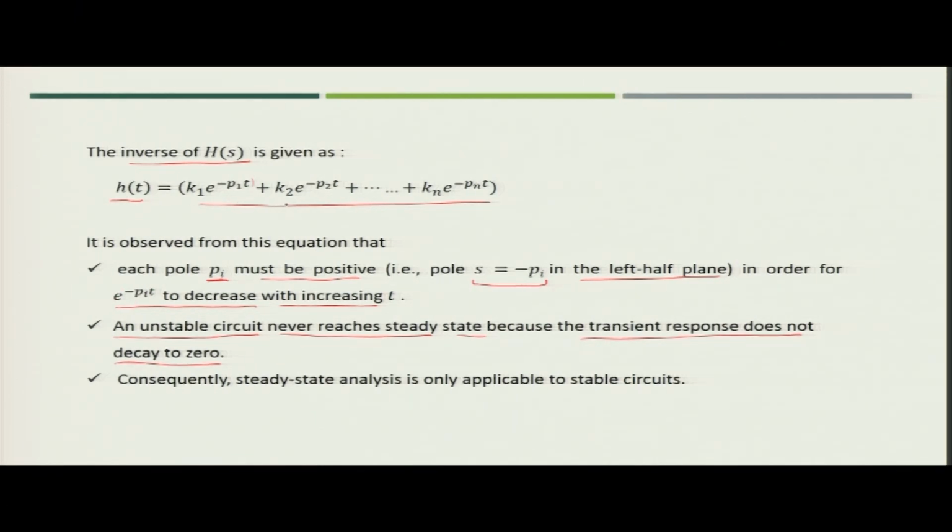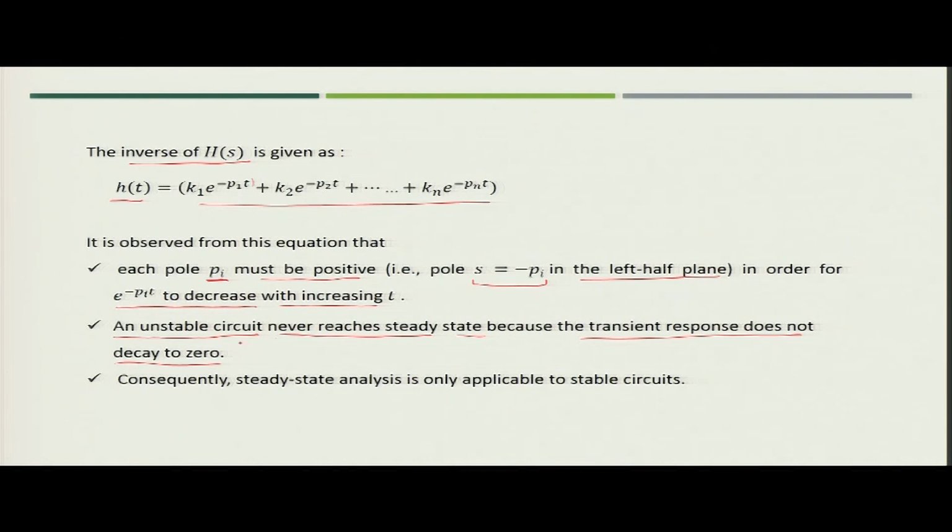Then h(t) becomes K1 e to the power lambda 1 t, K2 e to the power lambda 2 t and so on, where lambda 1, lambda 2 are positive terms.